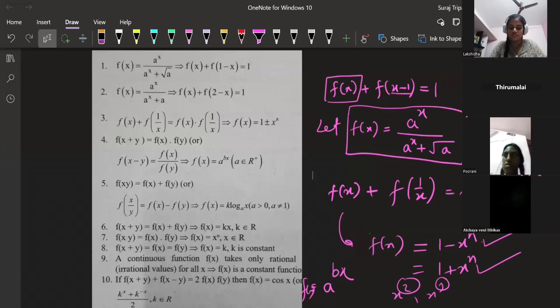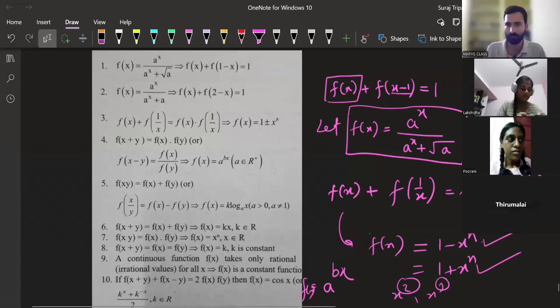Lakshya, do you have modules? Yes, sir. Page number 82, question number 7. I don't have, sir. Lakshya, send the photo in the group. Sure, sir. Class activity level 1, question number 7. Level 1.